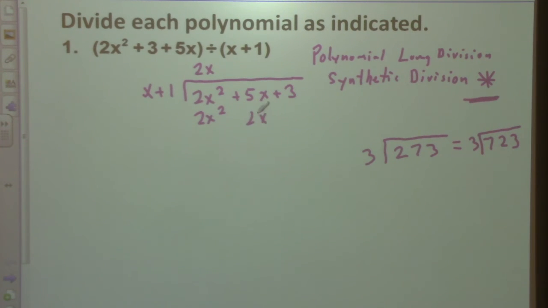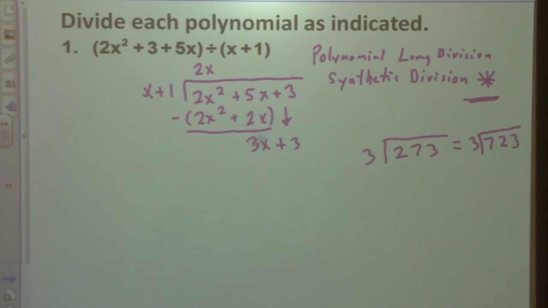2x. And so now what we're going to do is subtract, and sometimes it's easier to see if you just make parentheses here and subtract. And what's 2x squared minus 2x squared? 0. And what is 5x minus 2x? 3x. And then we bring down this 3.